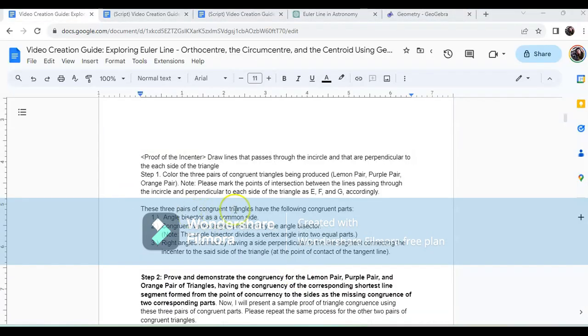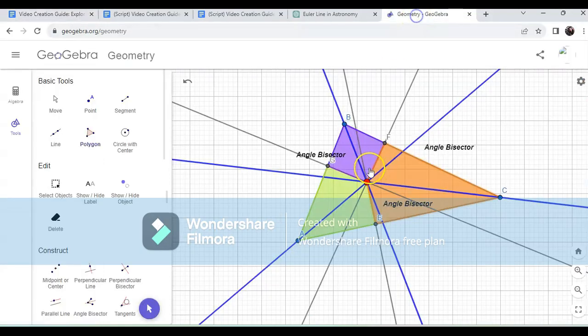These three pairs of congruent triangles have the following congruent parts. The first pair of congruent corresponding parts, we have the angle bisector as the common side. So the angle bisector BD is a common side. The angle bisector CD is a common side for the orange pair. And the angle bisector AD is a common side for the lemon pair.